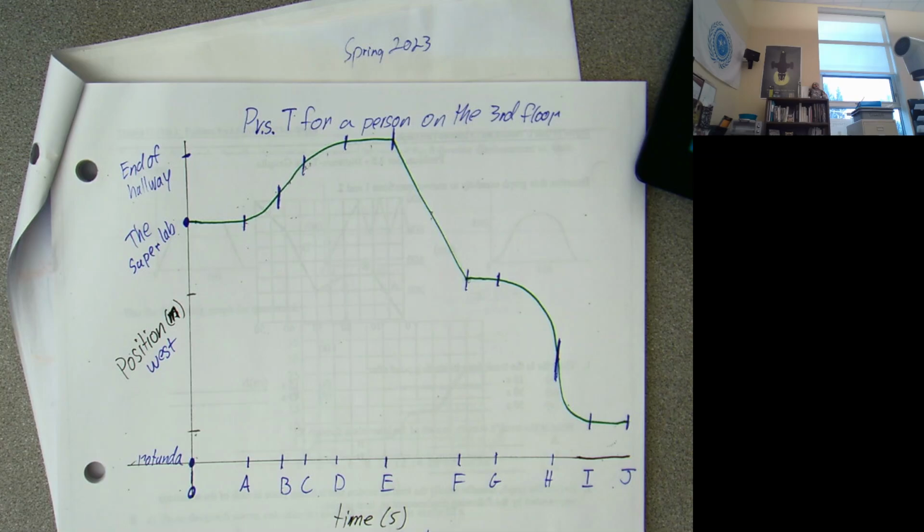That is your task for the remainder of the block. With this graph, paint me a picture, tell me a story: what's going on for this person on the 3rd floor? Discuss. Go.